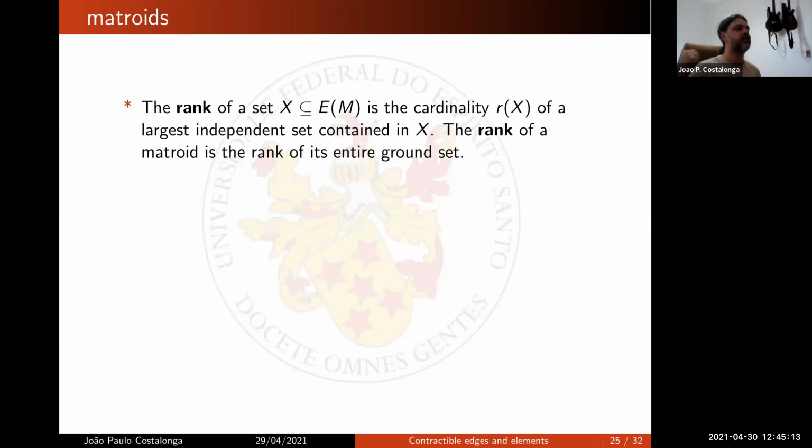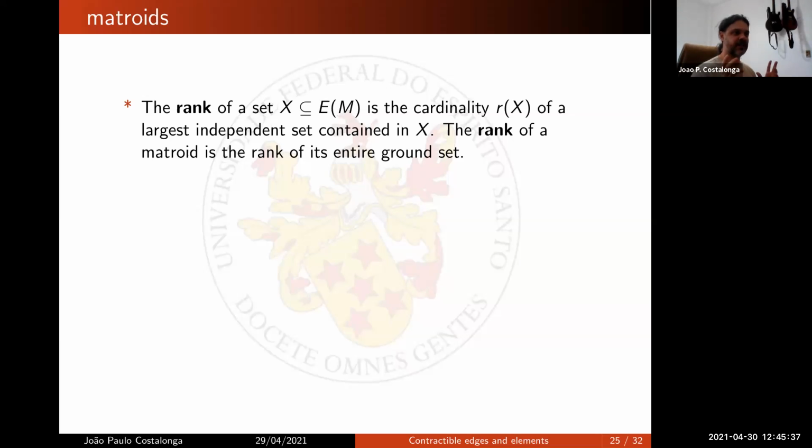And we talked about the rank of a set of edges as the size of a spanning forest for the graph induced by those edges. And here's something similar. The rank of a set is the size of the largest independent set within the set. So what's an independent set?